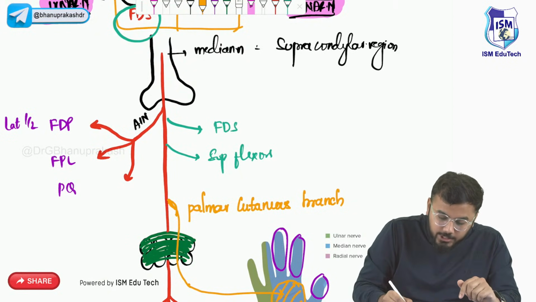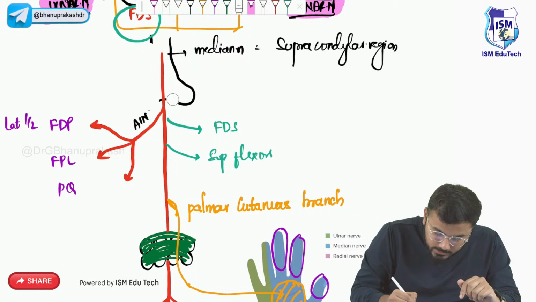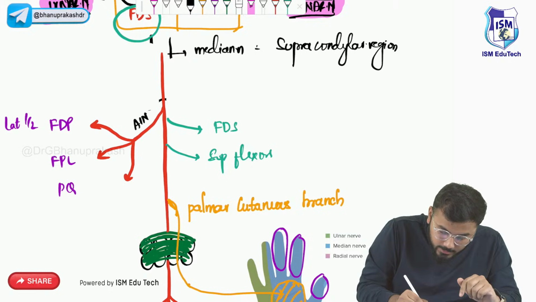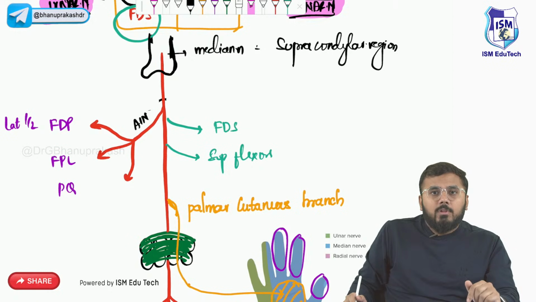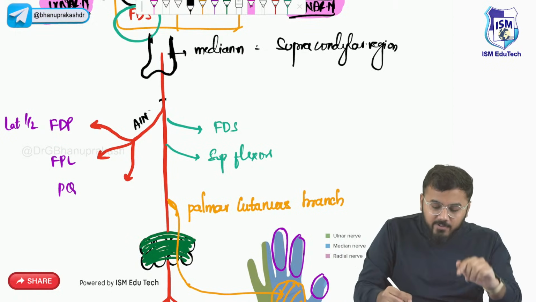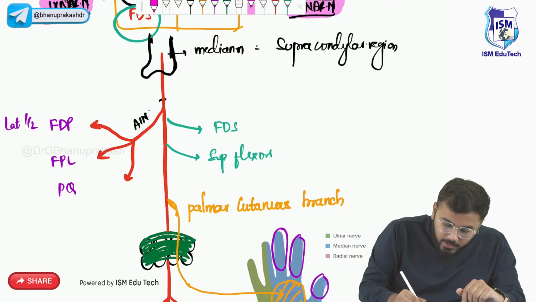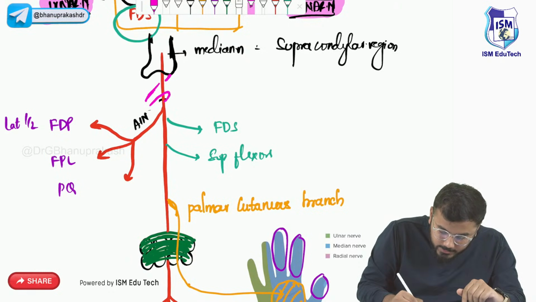Next important thing is that, let me rub this a little bit and put it on the top like this. Okay. Now, from the medial compartment, we have got a muscle, guys, like this, and this is the muscle here.